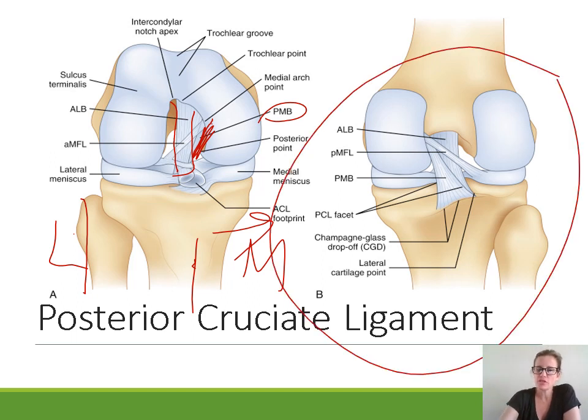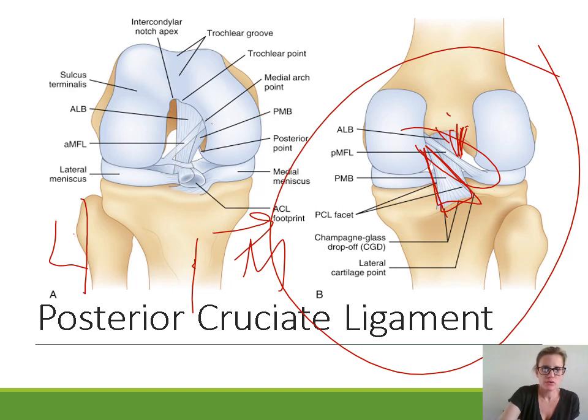This picture on the right is showing us the back of the knee. You can see this is the posteromedial bundle, right? And then this right here is just part of the anterolateral bundle. You can also see small little ligaments that stretch across, like right here, and then in the front you can see this little guy.